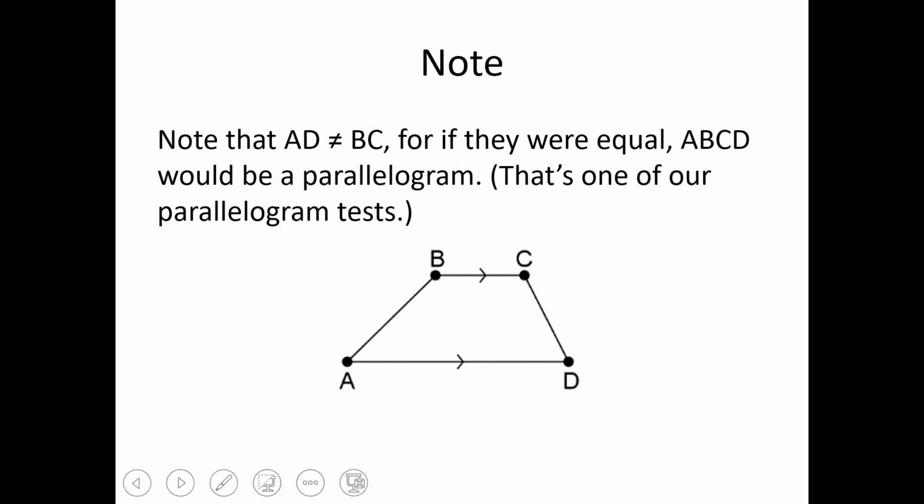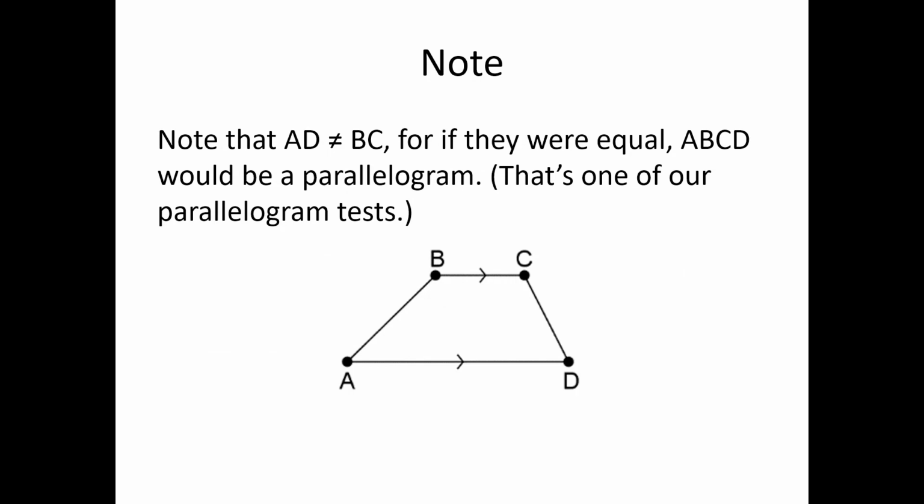And note this is something that we will assume all throughout. It's an obvious result, perhaps it should be called a theorem, but it would be just a one-step proof. Notice that the parallel sides are not equal in length, because one of our parallelogram tests says that if we have a quadrilateral with a pair of opposite sides that are both equal and parallel, it's a parallelogram. So if BC and AD, which are parallel, were also equal in length, this would be a parallelogram, but it's not.